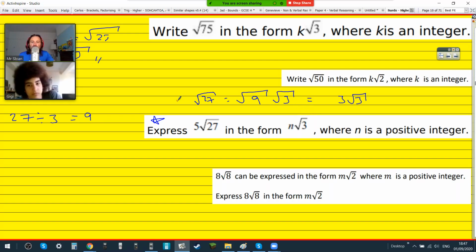So what about 5 root 27? I'm not sure. It would be 5 times 3 root 3. Oh, 5 times 3 root 3.